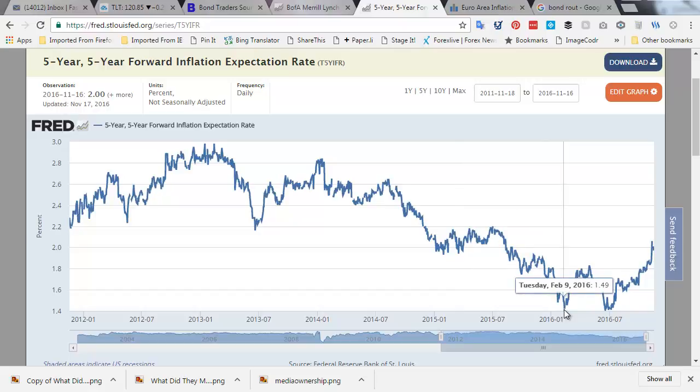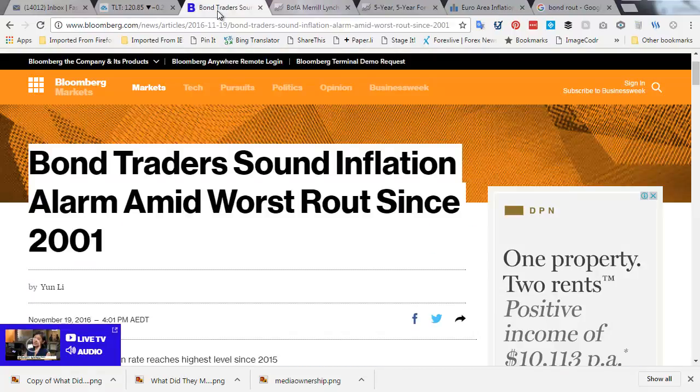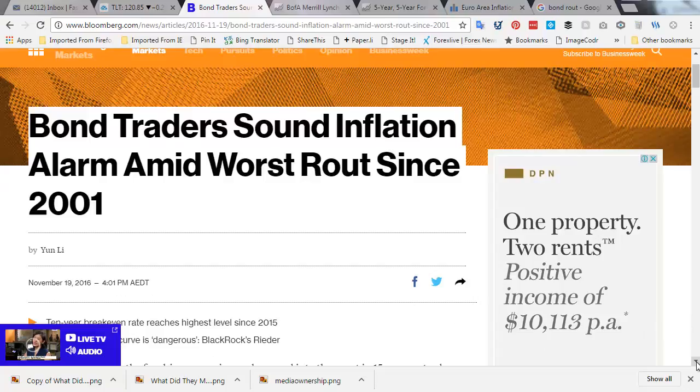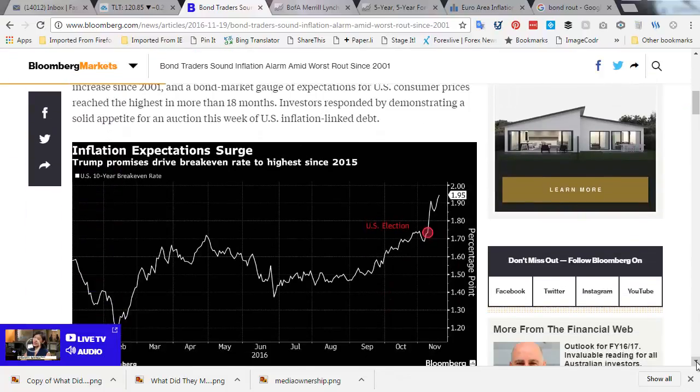So the markets have been telling us a story that inflation is rising, and the information is there already in the markets. This analyst at Bloomberg says the bond traders were identifying inflation as being an issue, and we'll actually see he has a chart here. Inflation expectation surge. Trump promises to drive break-even rate to the highest since 2015.